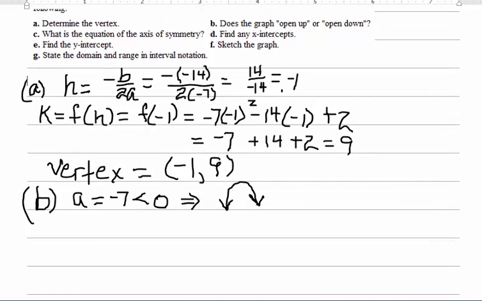Then we want the equation of the axis of symmetry. And that's always x equal to h. So in this case, this is x equal negative 1.